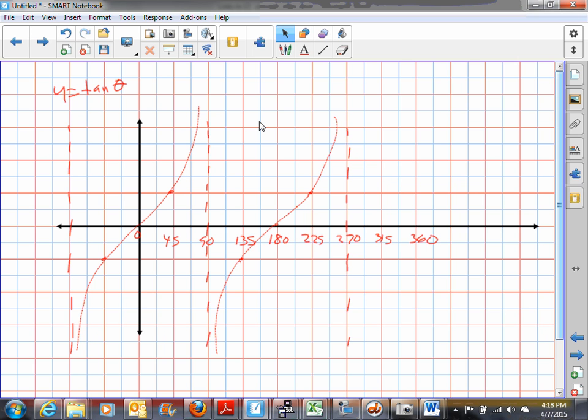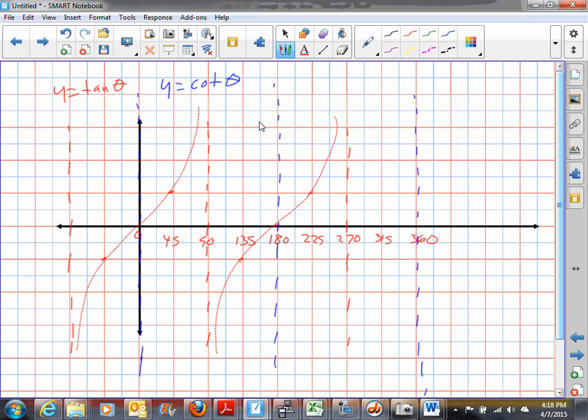Okay, now, since the cotangent, y equals cotan theta, is the reciprocal of the tangent of theta, wherever we have a 0 for the tangent, we're going to have an asymptote for the cotangent. So we've got an asymptote here, and an asymptote here, and we actually have another asymptote over here at 360. I probably should have drawn a little bit more.